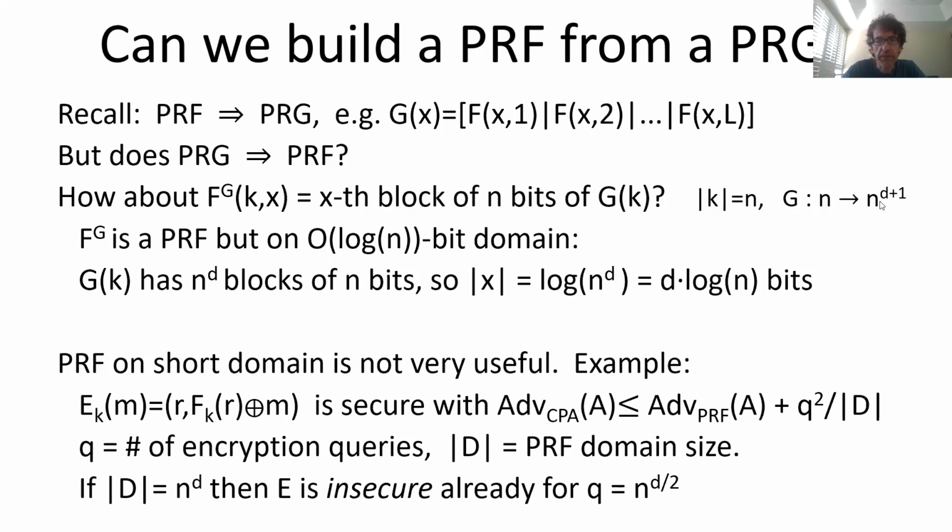So even if this was some humongous thing, like n to the 6th, then after n to the 3rd queries, you're going to have an overwhelming probability of collision. So you can only use it n to the 3rd times. It's inefficient, and you can use it only a very small number of times. So that's not an efficient construction.